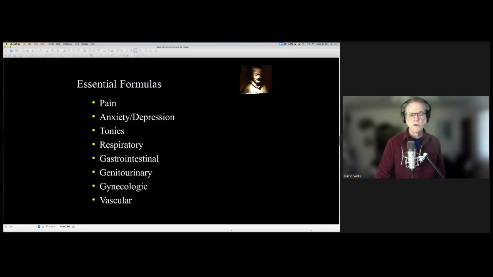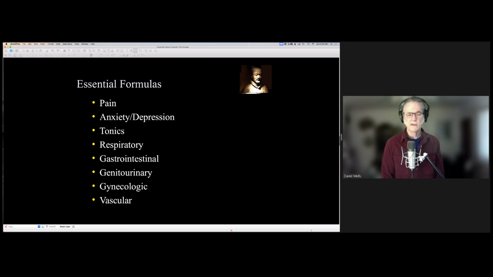So we're going to go through, as Donna said, these categories: pain, and then really anxiety, depression is a huge category, and one which is not satisfactorily treated by Western medicine in particular. Tonics is really unique. That's one of the things I thought, I have to keep tonics in my office because nothing else does that.